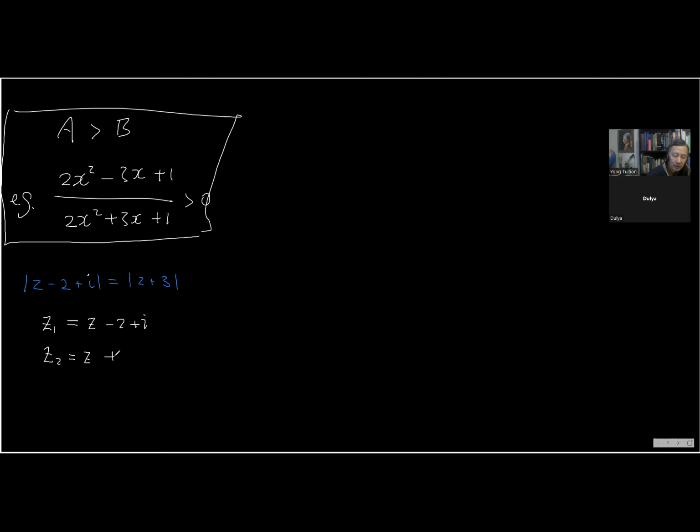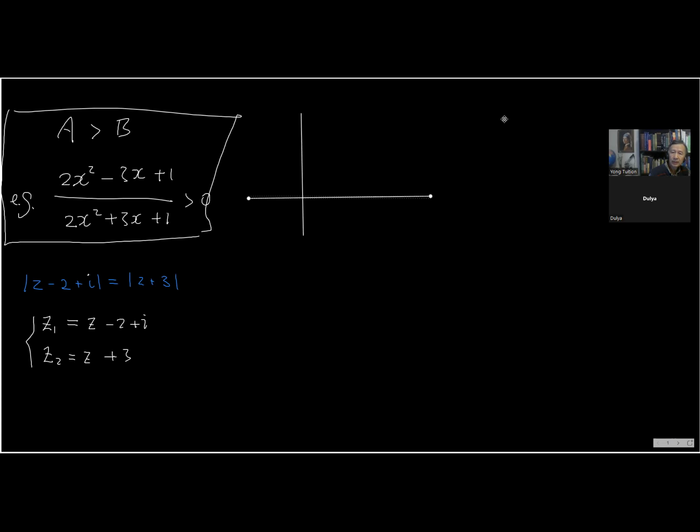You want to draw the diagram? Okay, let's try. So what is the magnitude? How do we work out the magnitude if you have the complex number, if you use a Cartesian coordinate?